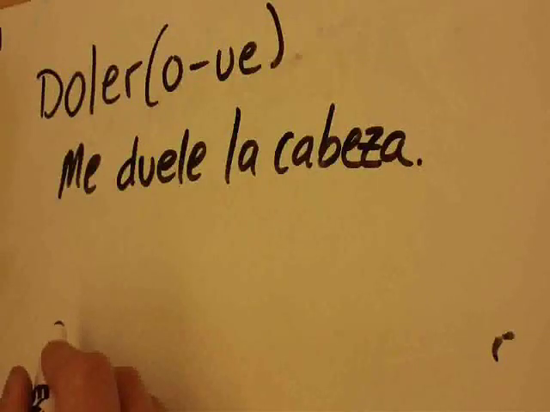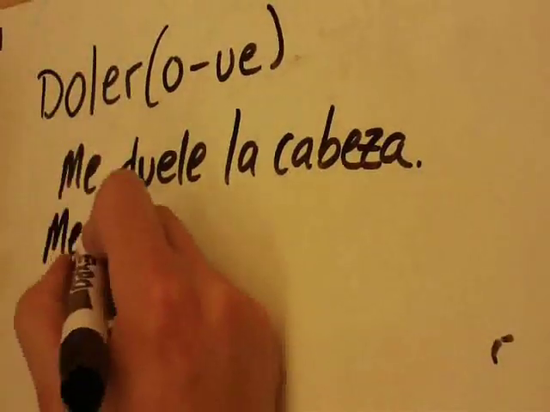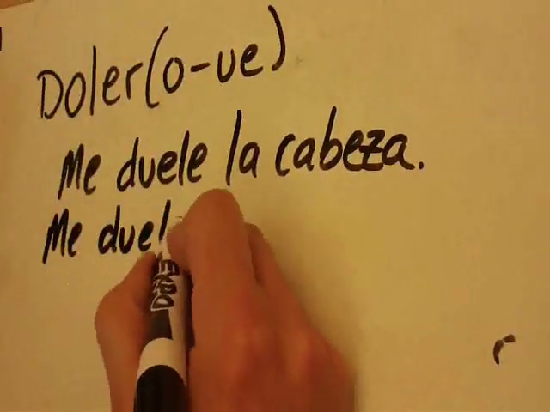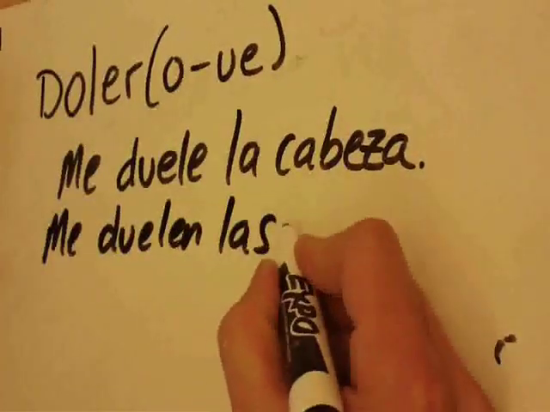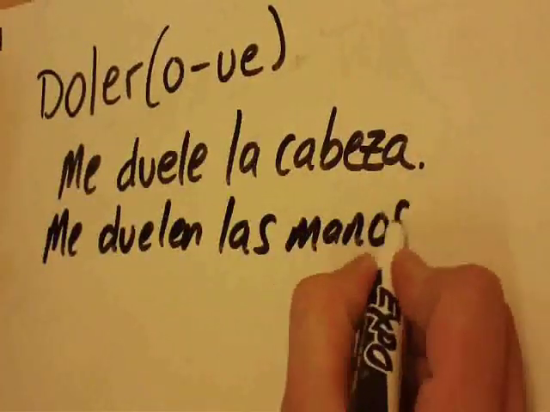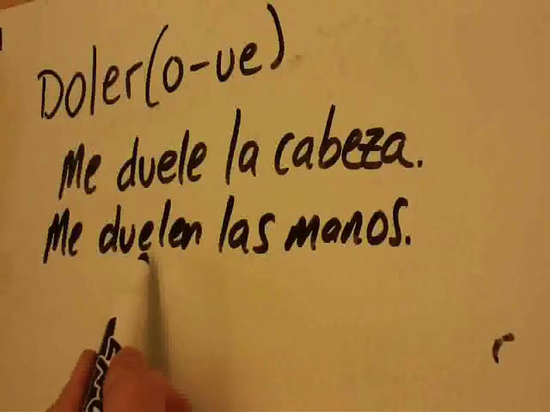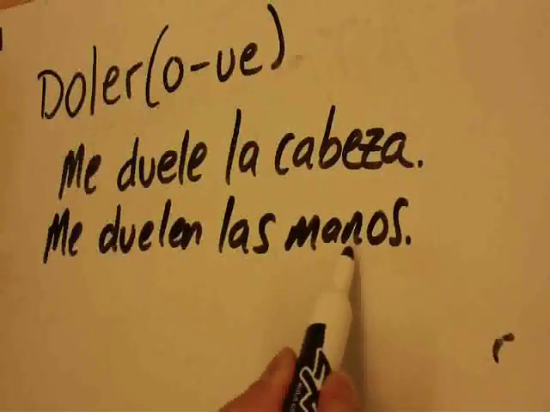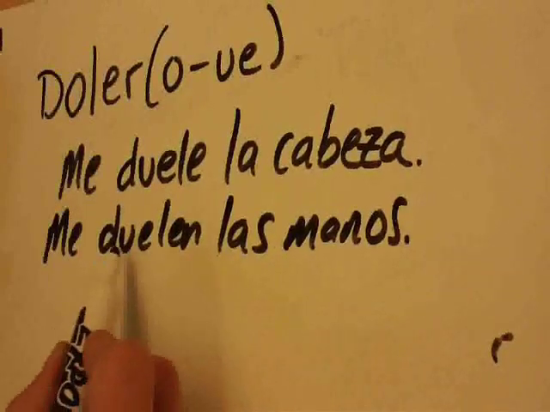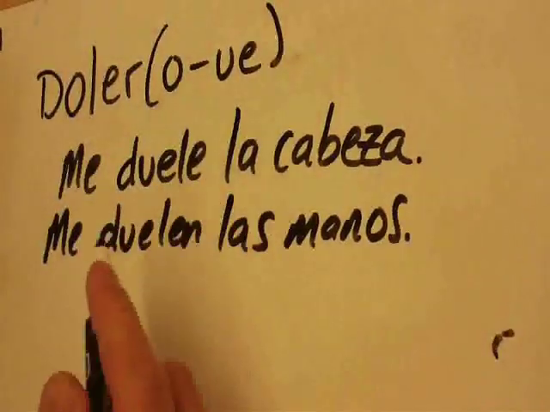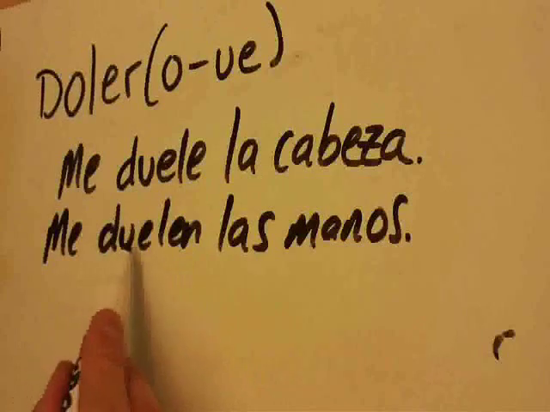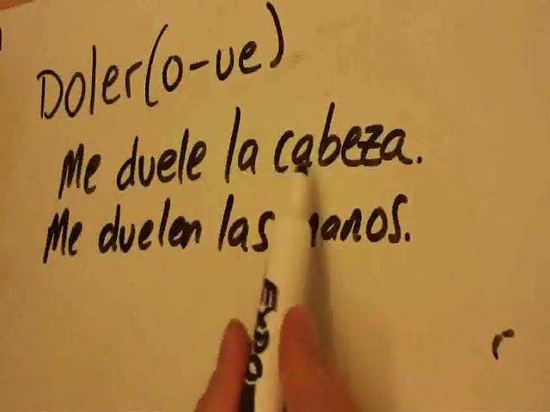Now let's say that my hands hurt. Me duelen las manos. You'll notice here that I made doler plural because the hands are plural. So if you're using this verb just in the present tense, it's only going to be duele or duelen, depending on what comes after it.